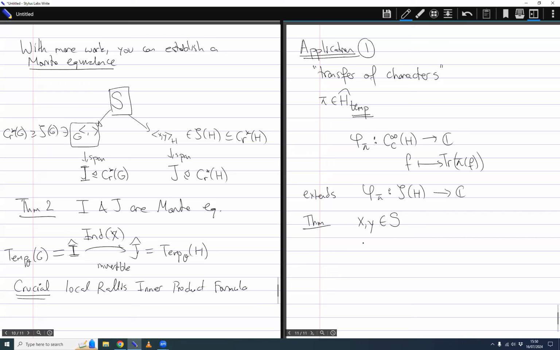So if you look at x, y, let's say h, I take the matrix coefficient associated to these two vectors. Remember, maybe I never wrote this down, assuming that everyone understands matrix coefficients, but it is what you think it is.